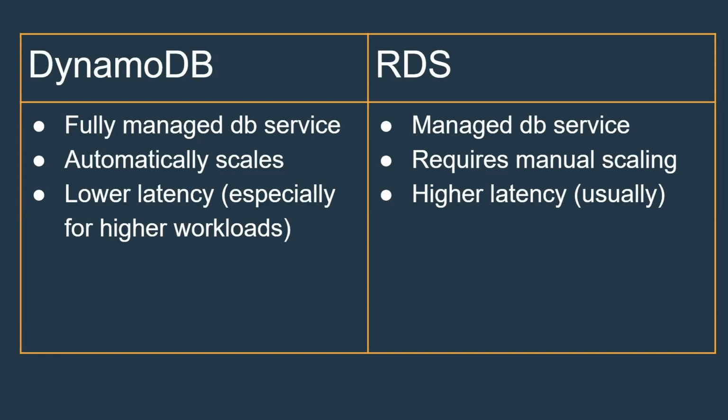What will happen is DynamoDB will automatically add groups called partitions to accommodate all those extra wonderful people. And finally, lower latency. So that just means your customers are going to have a faster interaction with the website. That's always a good thing, right?